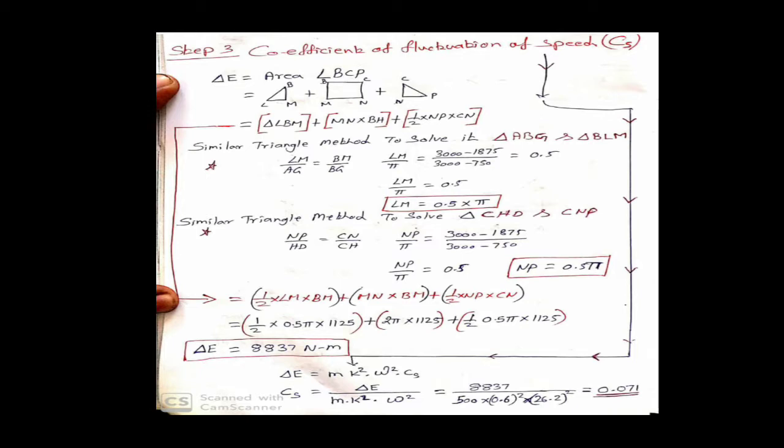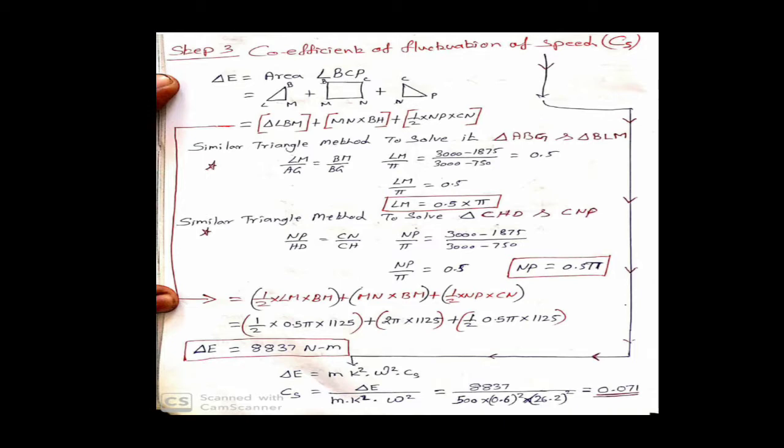The third step is the coefficient of fluctuation, Cs. We split the area into triangle areas and square areas and find them. Using the similar triangle method, the smaller triangle versus the larger triangle, we find the opposite side by hypotenuse and the adjacent side by hypotenuse.